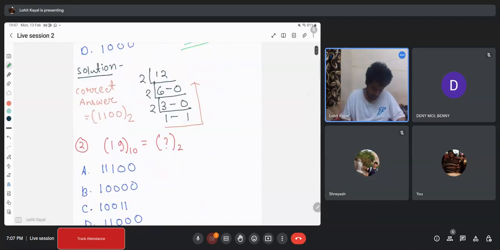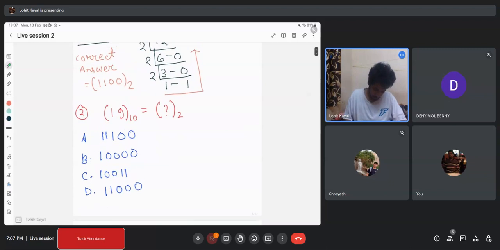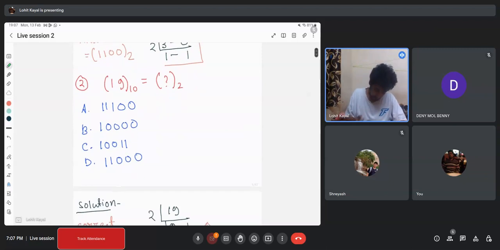Okay. Now let's do this exercise. How to convert 19 to a binary number? Again the same thing. 19 divided by 2 is 9, and 1 will be the remainder. 9 divided by 2 is 4, and 1 will be the remainder.